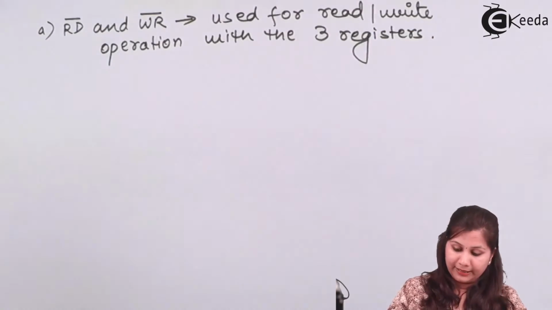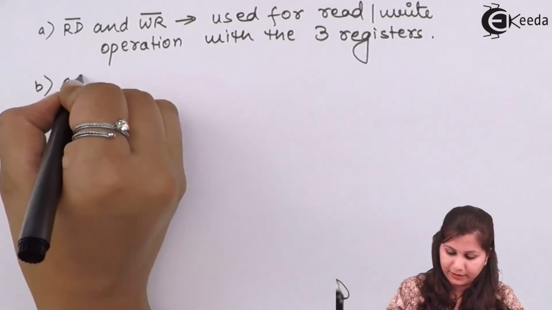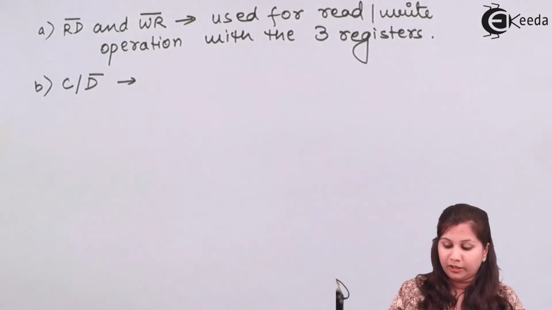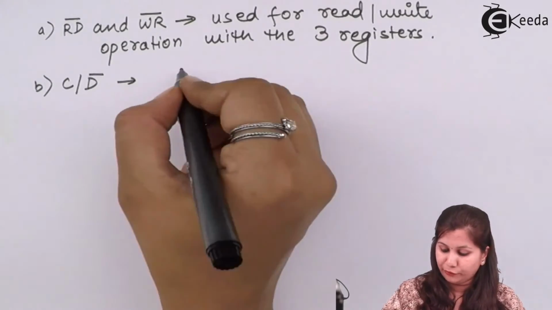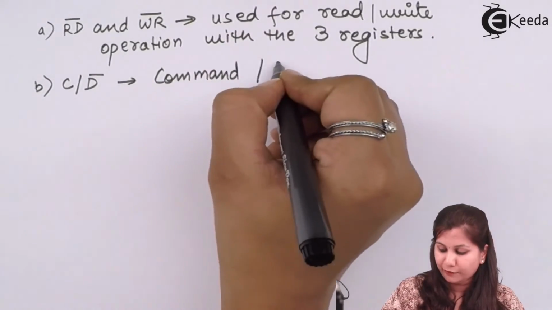Okay. The next signal we have is C/D. Its full form is: C is for command and D is for data.